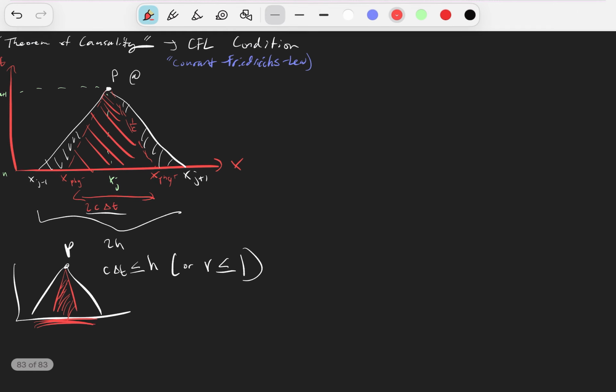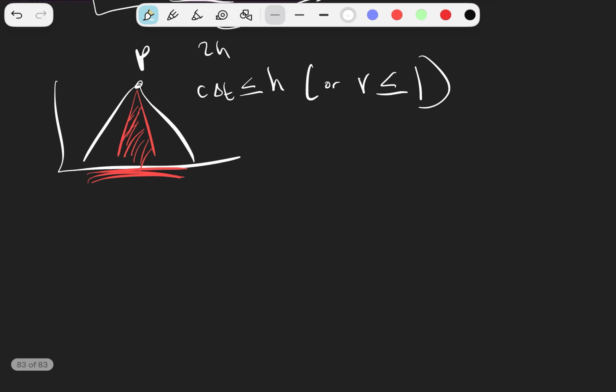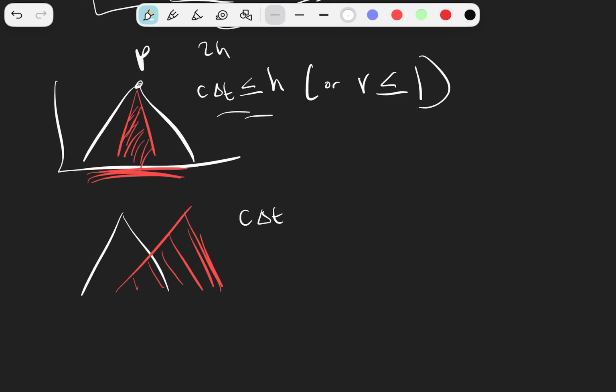Now, there's also another case that happens, which is when physics blows up or it spills out. And you can just think of, let's say here's where the machine is looking, and here is where the physics is. That's not good. So the condition here for the blow up would be the complement or the opposite of this.